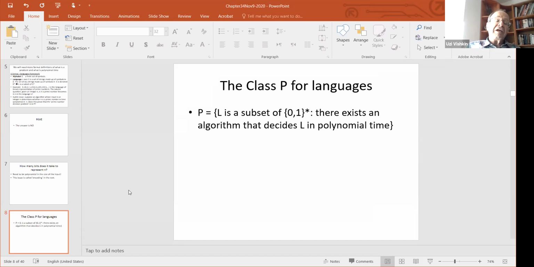Meaning, I give you a language L, I give you an alleged member of L, given some encoding, and to the extent that you can identify whether this alleged member is indeed a member or not, meaning you decide L in polynomial time in that alleged member, then the problem is in P. Otherwise, you have not established that it's in P. Okay?